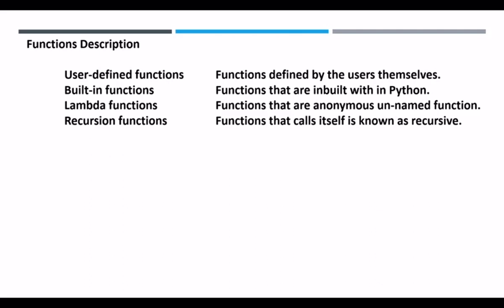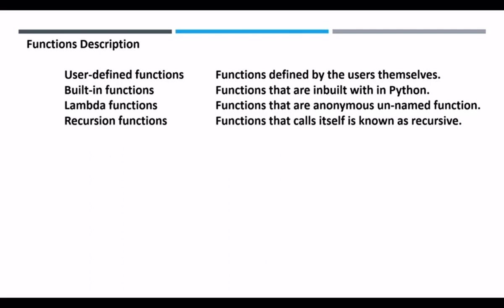The third one is the lambda function. Lambda functions are anonymous functions. We know the meaning of the word anonymous: it is nothing but an unnamed or unknown function. There will be no name for that function.